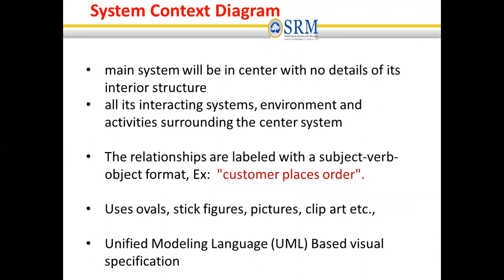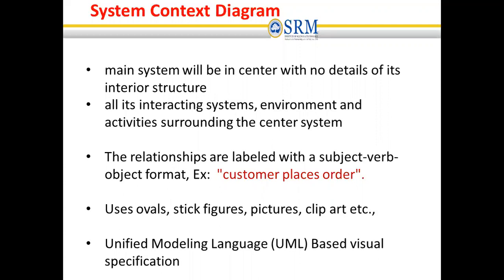The main system in the system context diagram will be kept in the center, and all the other interacting systems, environments and activities surrounding the center system will be kept around it.